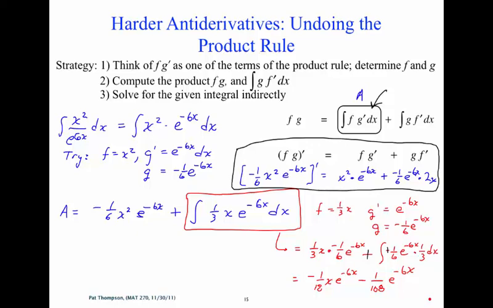There's no plus C here. Oh yes. Well, so we're not done.